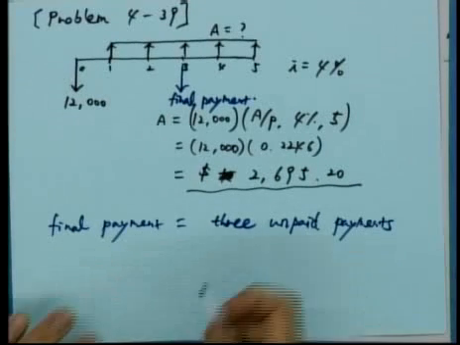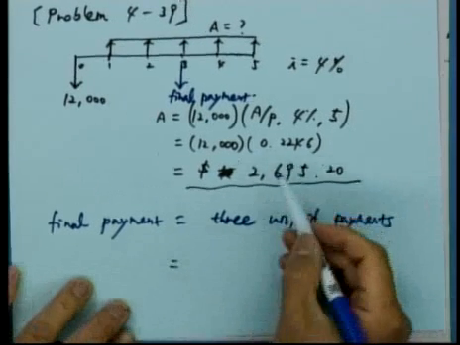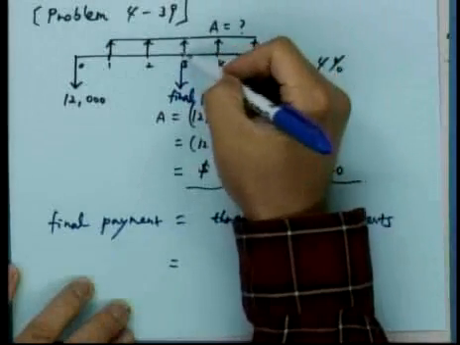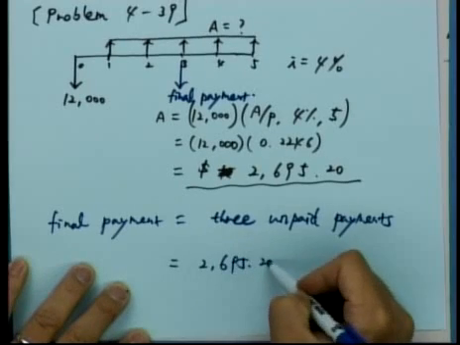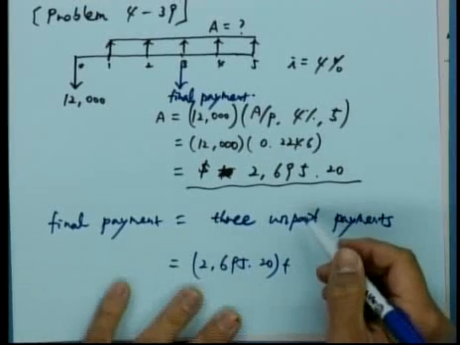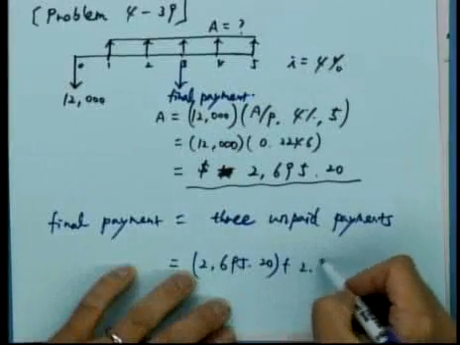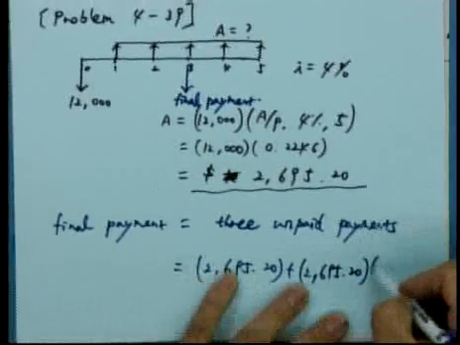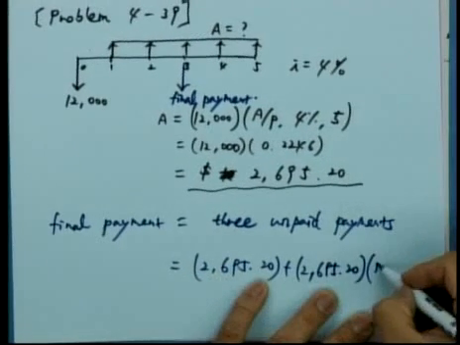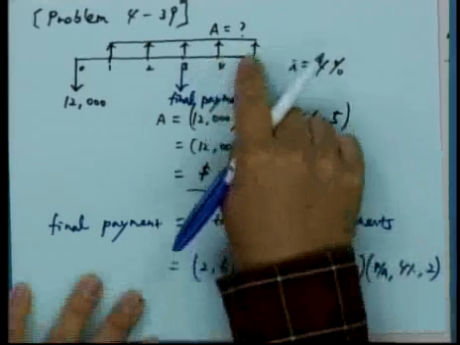So how do you get this value? That's going to be this amount. How much is that? $2,695.20 plus the same amount, $2,695.20, times the P given A, 4% over 2 periods, right?